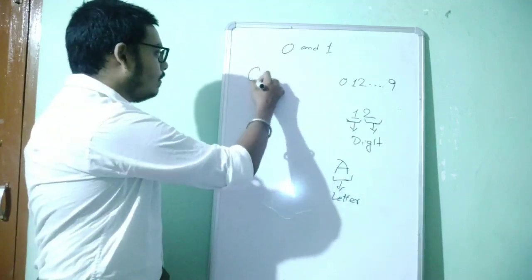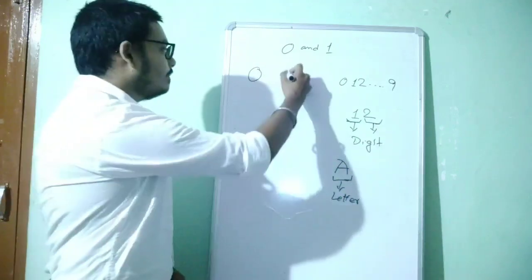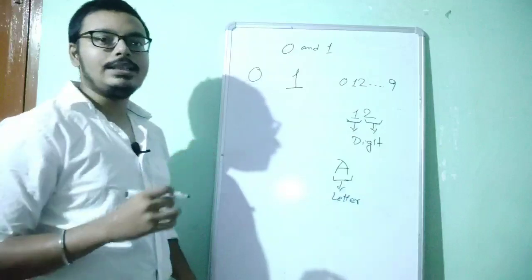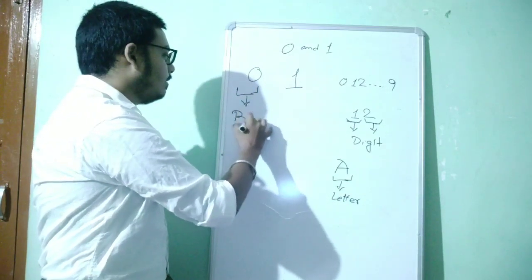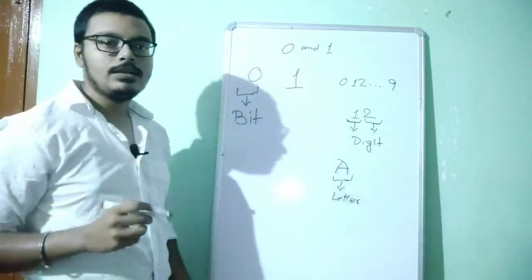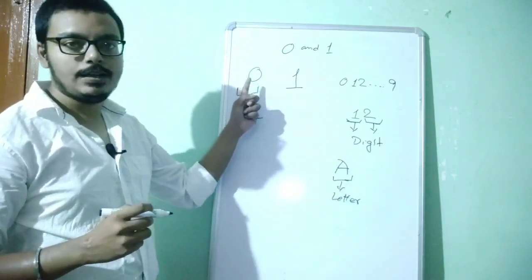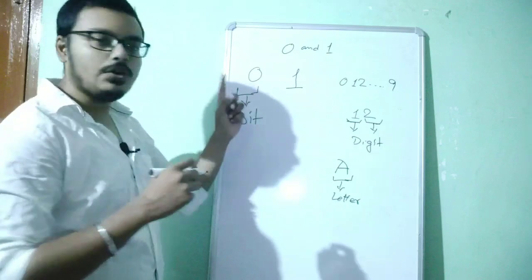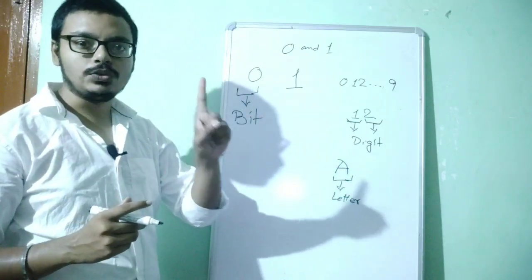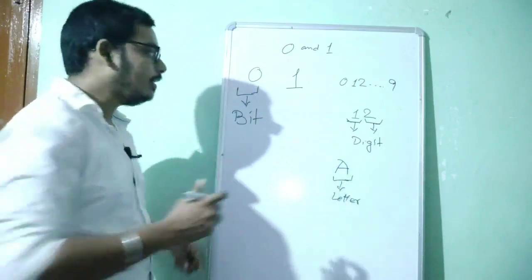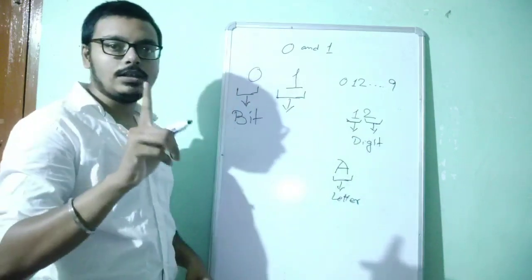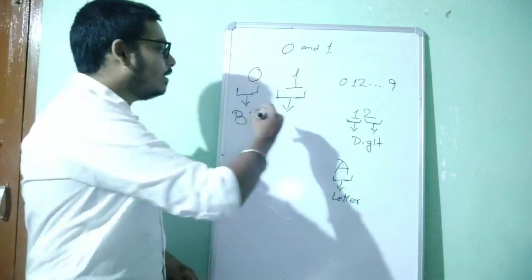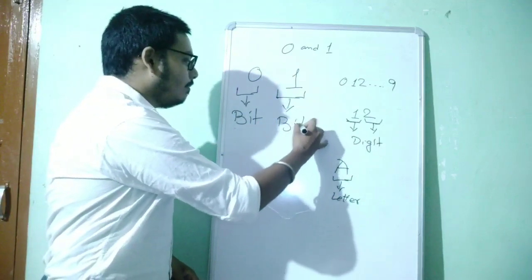When I am representing only 0 or only 1, these are called bits, B-I-T. This is 1 bit. This 0, when I represent it singly, is called 1 bit. This 1, singly, is also 1 bit.